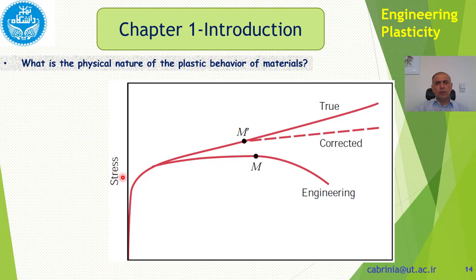The load is proportional, of course, to the cross-sectional area, because as the cross-sectional area is decreased, the load applied on that becomes smaller to make a plastic deformation, because we have a smaller area.